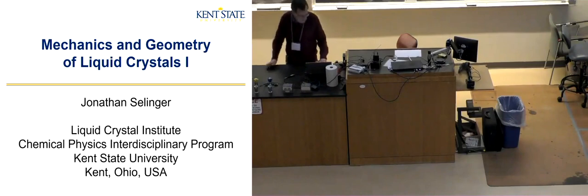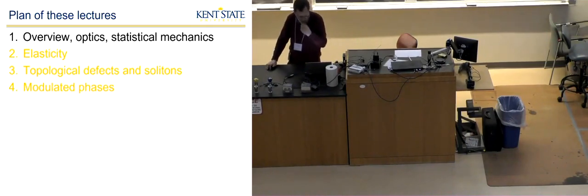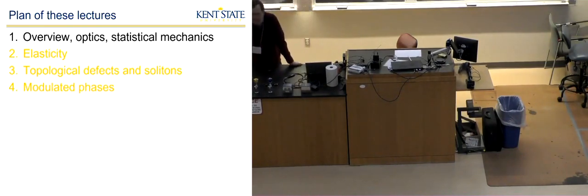Okay. So the plan of these talks is what's written up here. I'm going to begin with an overview of what liquid crystals are, talk a little bit about the optical consequences of liquid crystal ordering, which is how these materials are normally used, and then go into the statistical mechanics of the phase transition from liquid to liquid crystal.